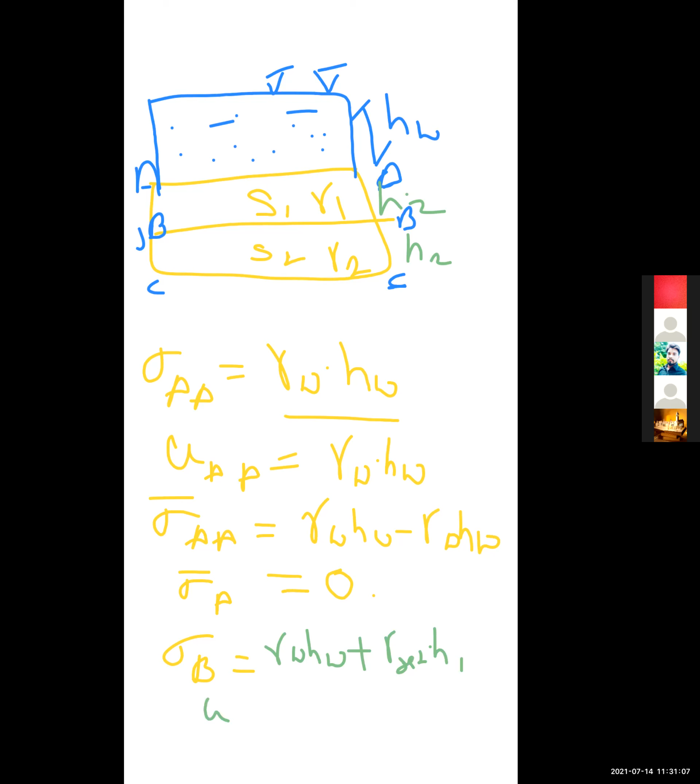Similarly, what is the pore water pressure at B? Pore water pressure at B is gamma W into H1 plus HW. So what is the effective stress at B?